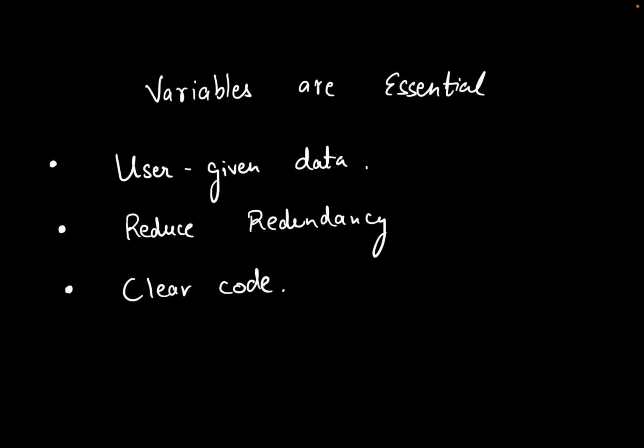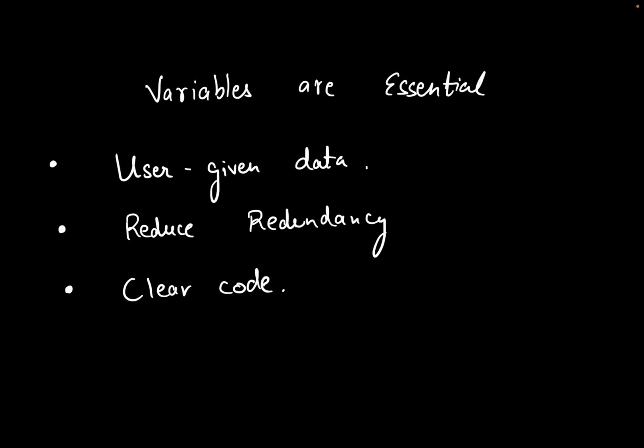Almost all practical programs have some kind of user interaction. This interaction is only possible if you use variables, because you don't know the exact value that the user is going to give to your program. So you need variables that can store whatever value is given by the user.